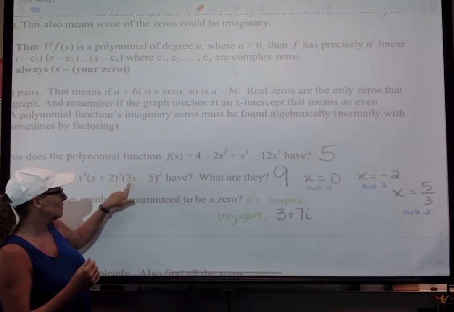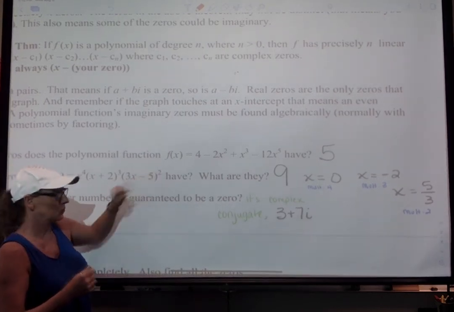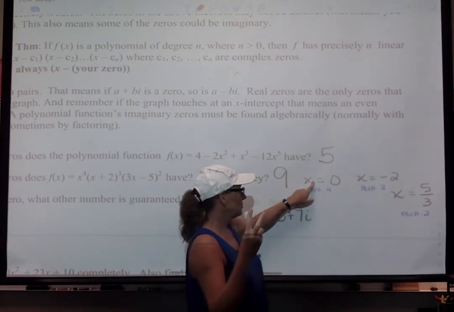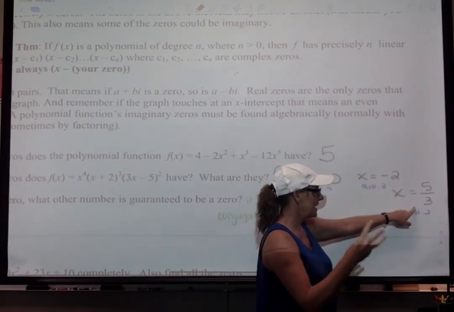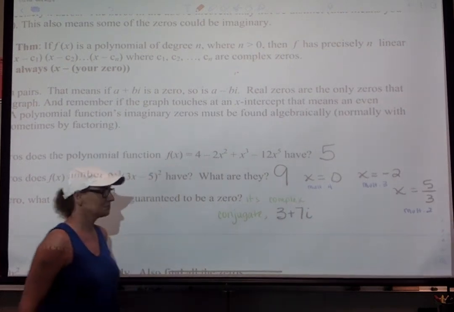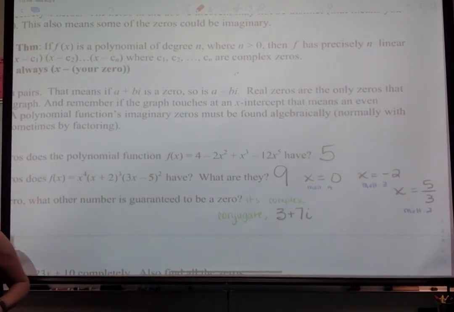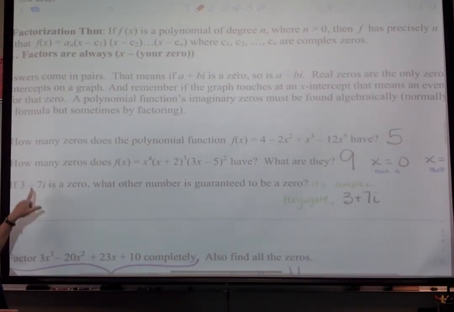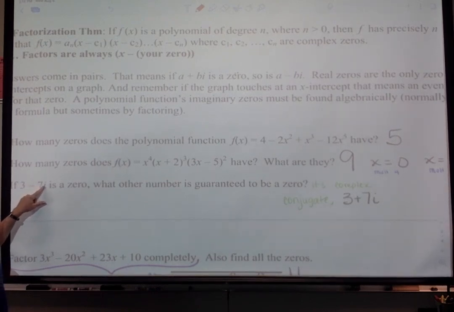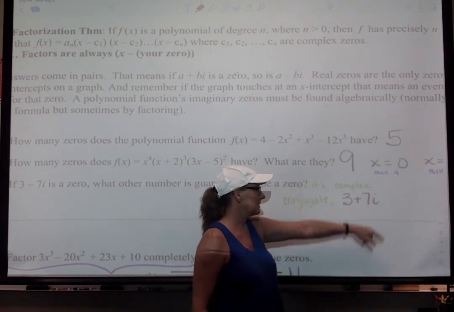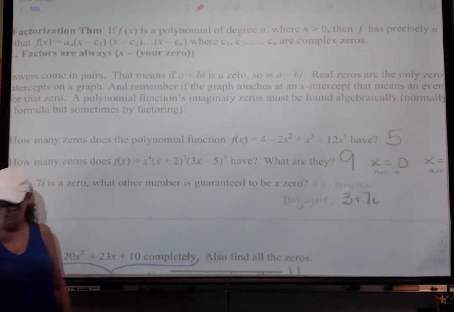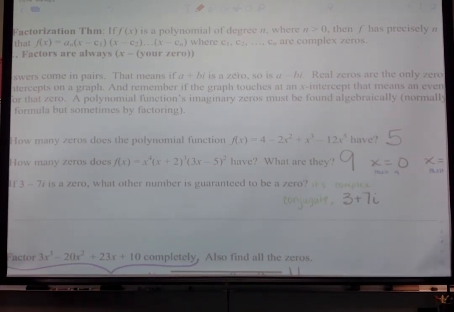And the multiplicity on 5/3 is 2. 1, 2, 3, 4, 5, 6, 7, 8, 9. There are your 9 zeros. And if 3 minus 7i is a 0, what's its partner that's going to go with it? 3 plus 7i. It's the complex conjugate. All right.